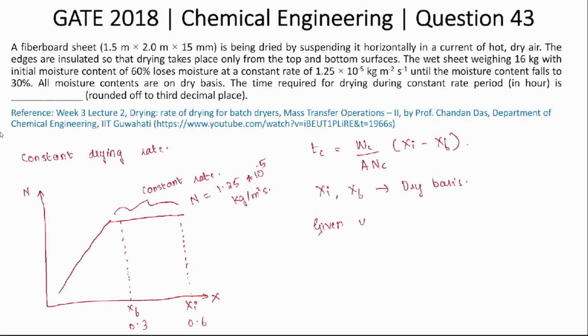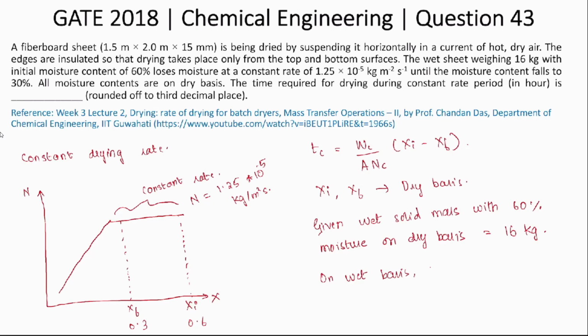So we have to use this dry basis moisture content to find the dry weight of the solid, which is represented by W. So given wet solid mass with 60% moisture on a dry basis is 16 kg. So we just saw how to find the weight using a dry basis.